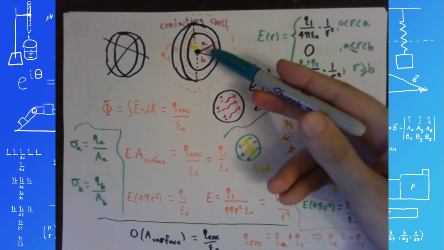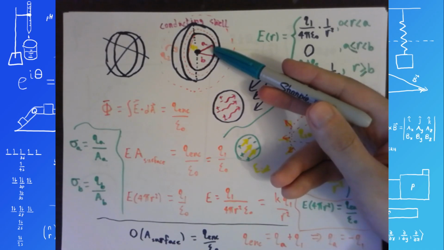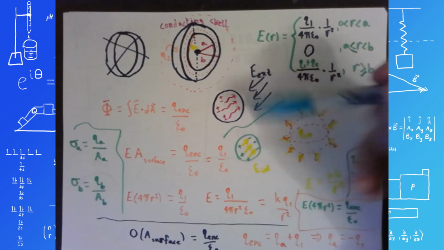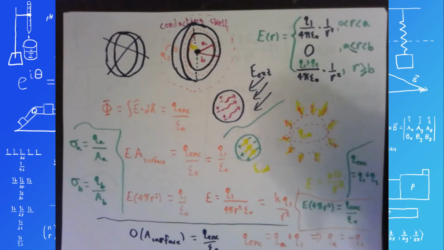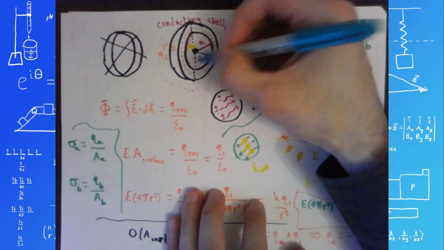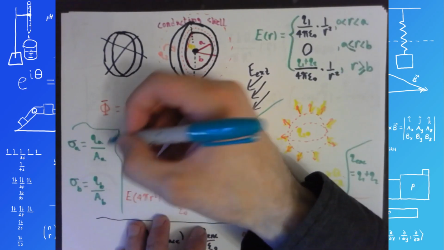So you can think of the inner surface area of a spherical shell as the outer surface area of whatever smaller sphere got hollowed out of it. So that would just be 4 pi r squared, with r this time being equal to a. So the inner surface area is just 4 pi a squared.